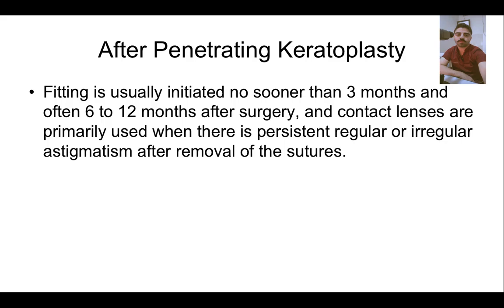But before fitting a patient who has a corneal transplant, we need to wait at least 3 months, or sometimes 6 to 12 months, depending on the condition of the grafted cornea. If the cornea has healed completely within 3 to 6 months, we can go for a contact lens.